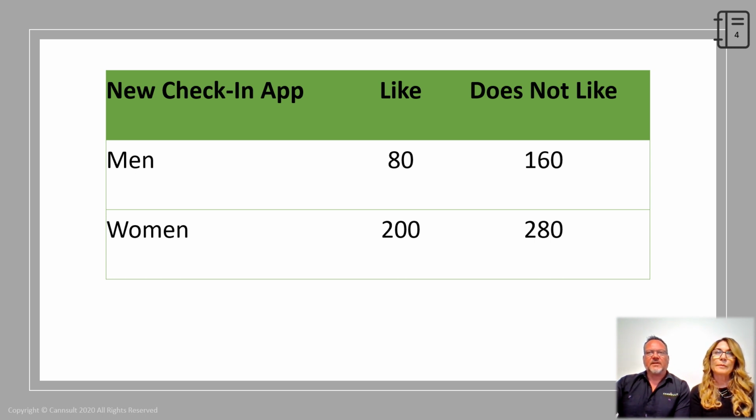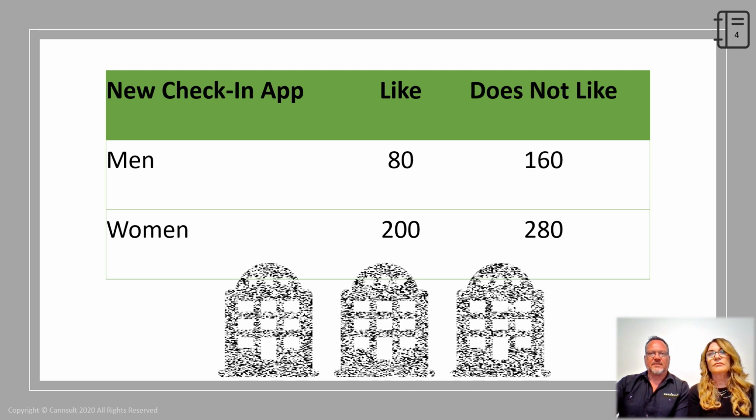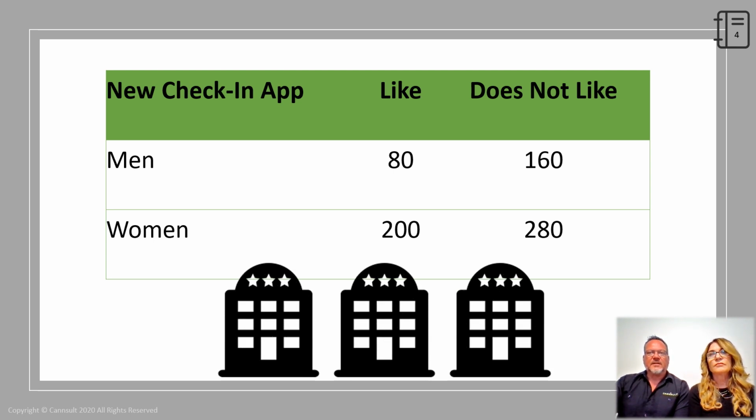We have no standard or expected values here, so this is a test of independence, to see if the results from the women are independent from the men's results. Just looking at the numbers, it looks like there may be a difference, but we can't be sure that it's statistically significant. We want to see if there's a significant association between gender and the new app preference.